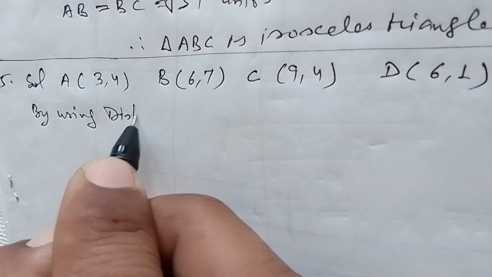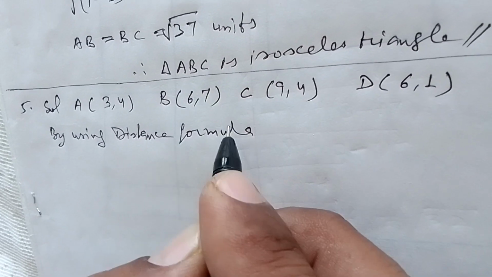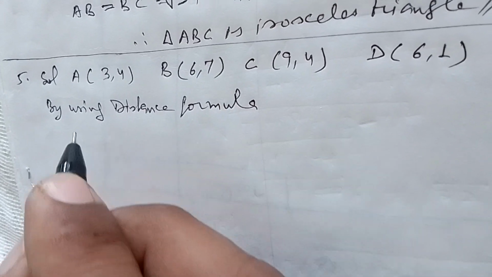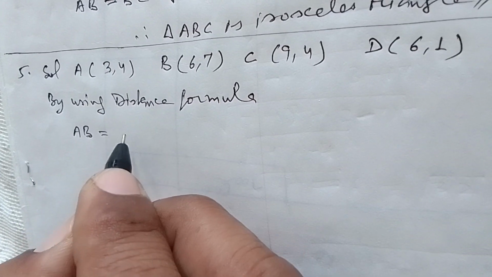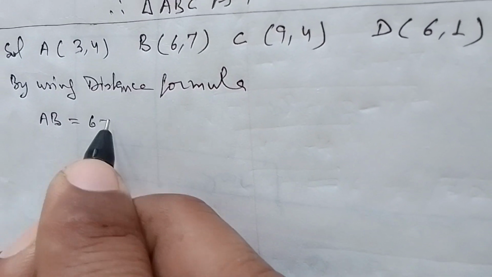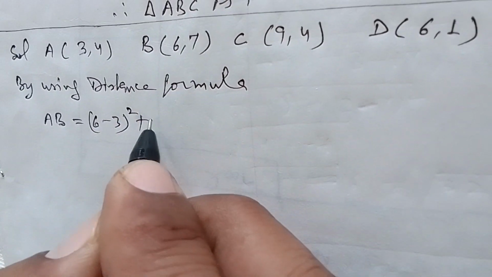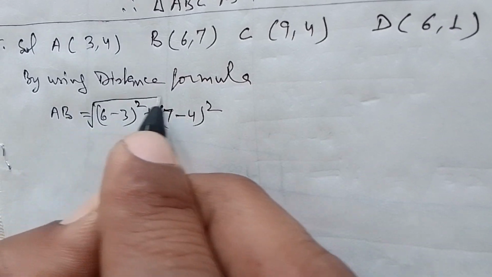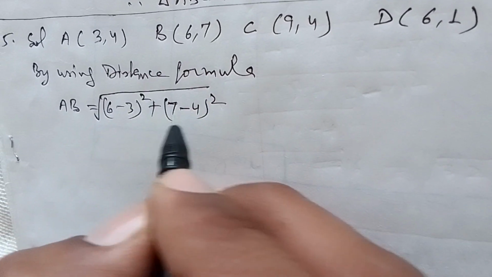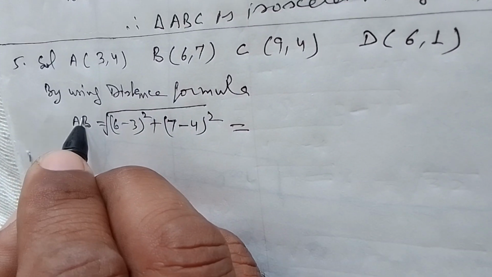So by using the distance formula, we will calculate the distance between the points. AB distance is the square root of (6 minus 3) squared plus (7 minus 4) squared, as x2 minus x1 squared plus y2 minus y1 squared, which we have learned in the earlier questions.